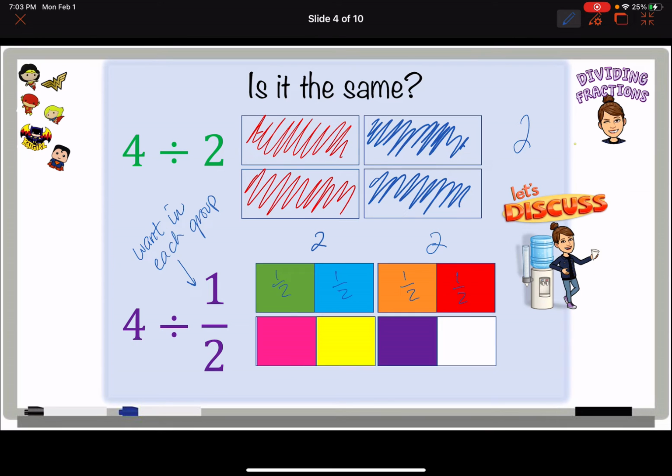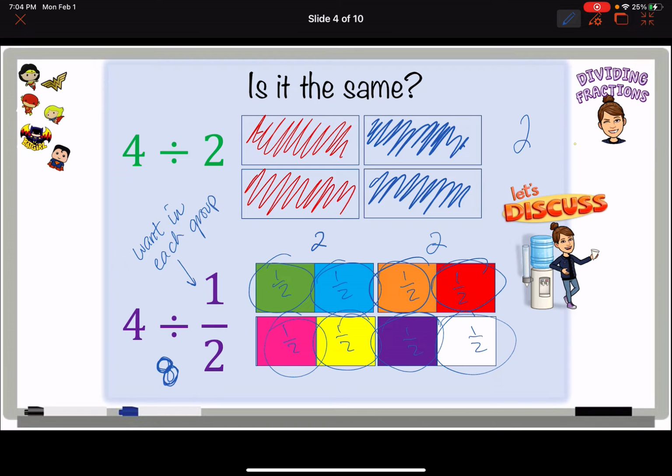If I do that again, we notice each one of these is going to be able to split into 2 halves. So each one of these is its own group. So 1, 2, 3, 4, 5, 6, 7, 8. If I shared my 4 pizzas and gave each person half, that means I could share my pizza with 8 people.